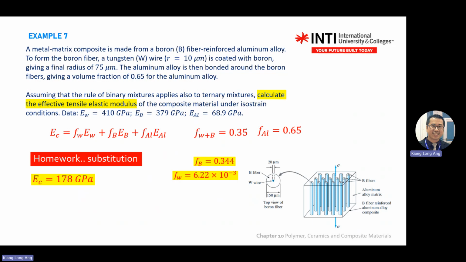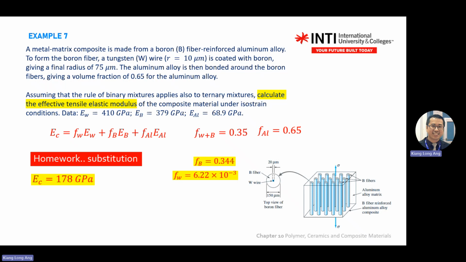You can write VF. This small F here, you can write V. Actually, it's a V, it's a volume fraction. I use it differently because this example 7 has 3 materials and is not the same as the previous one.